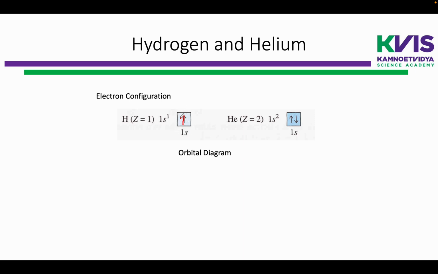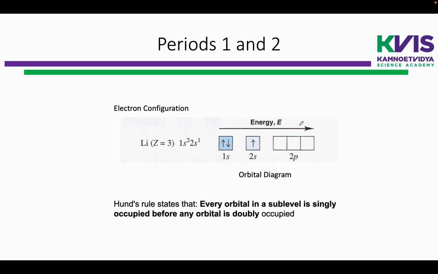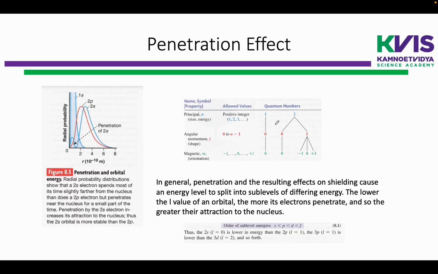So 1s, 1 electron, you put in 1 electron. So each s orbital can take 2 electrons. So this over here, 1s2, 1 electron spin up plus 1/2, 1 electron spin down minus 1/2. Okay? So if you were to draw the energy diagram, you would have drawn something like this. Right?